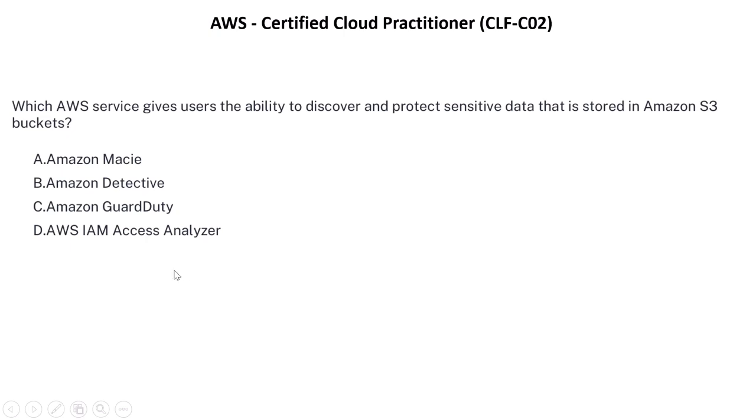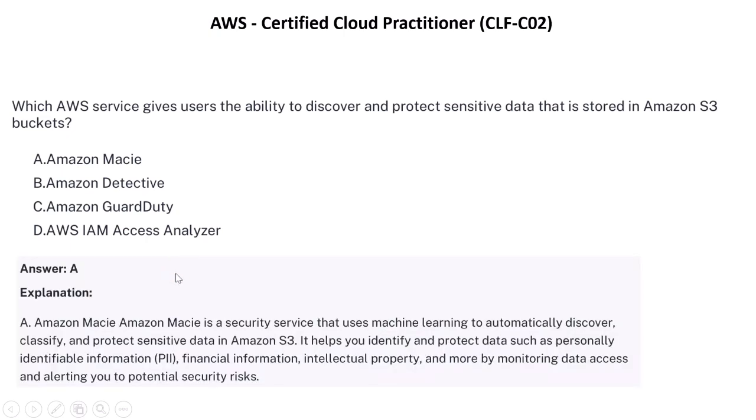The correct option for this question is option A. Amazon Macie is a security service that uses machine learning to automatically discover, classify, and protect sensitive data in Amazon S3. It helps you identify and protect data such as personally identifiable information, financial information, intellectual property, and more by monitoring data access and alerting you to potential security risks.